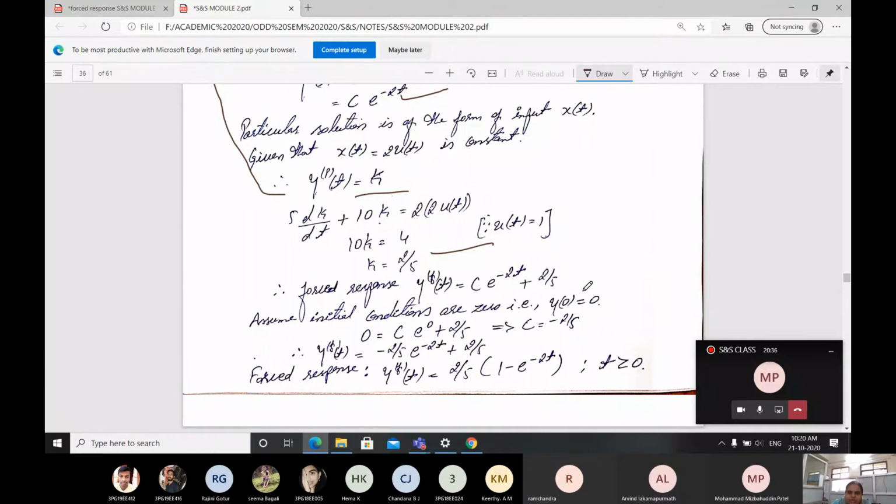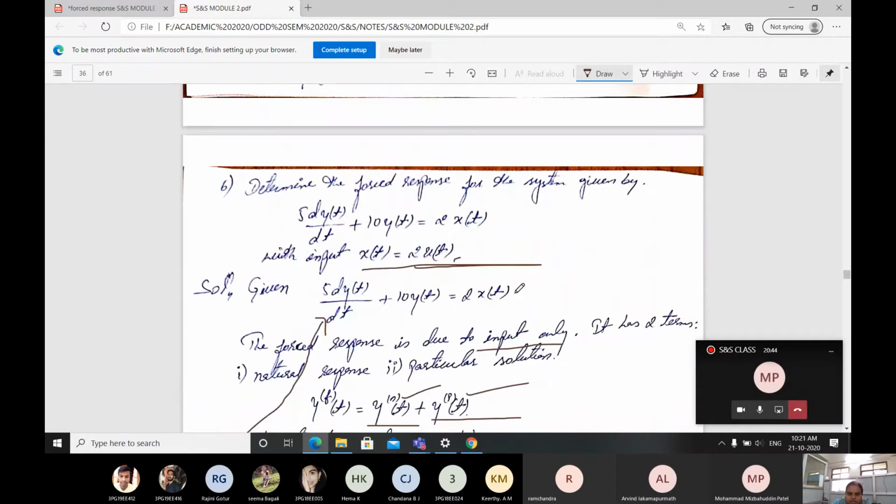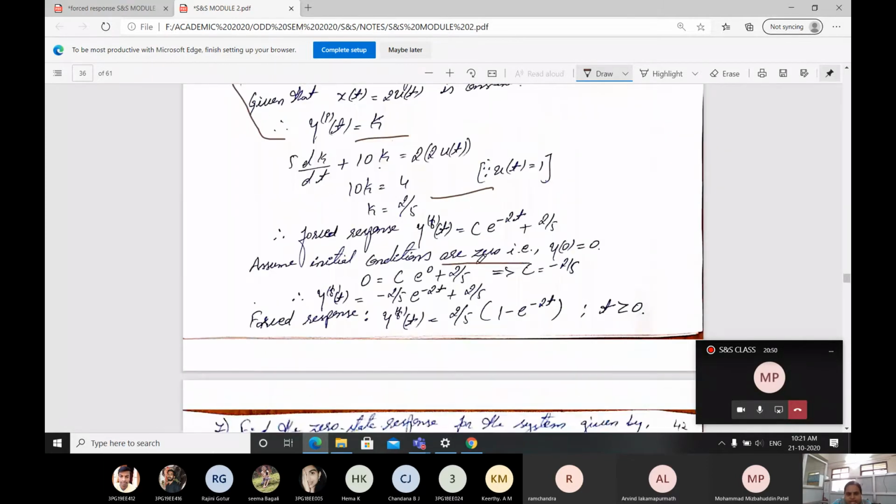Then what you have to do? Assume initial conditions are 0. Here conditions are not given for us, right? y of 0 or y dash of 0, it's not given for us. For that reason, assuming that initial conditions are 0, therefore y of 0 is going to be equal to 0 only.